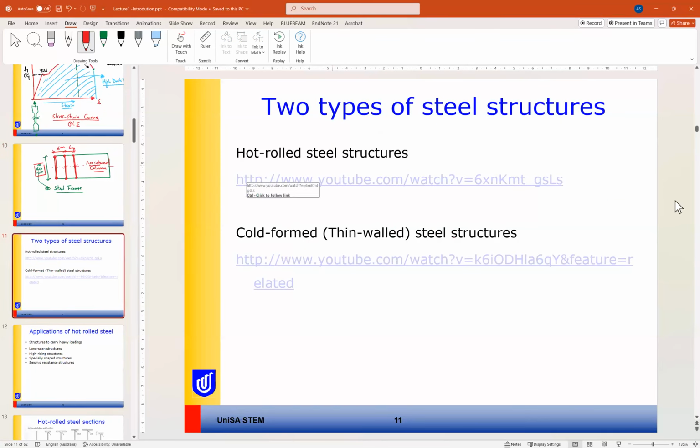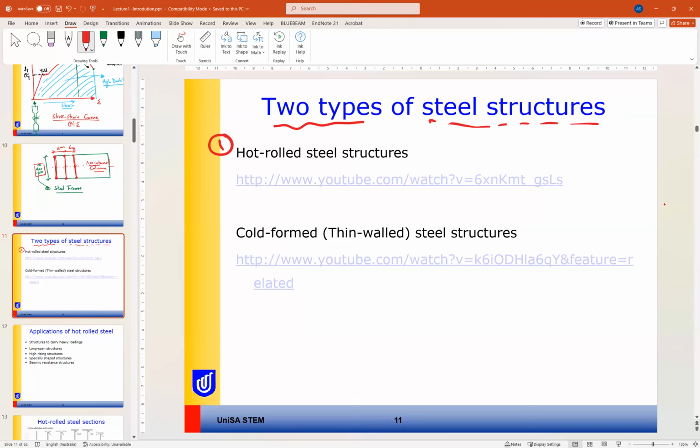And now we are starting to discuss the differences between the two types of steel available in the market. The two different types are because of the method of manufacturing of both types of sections.